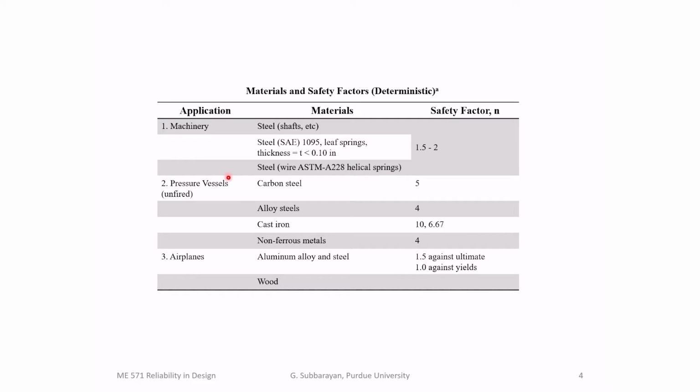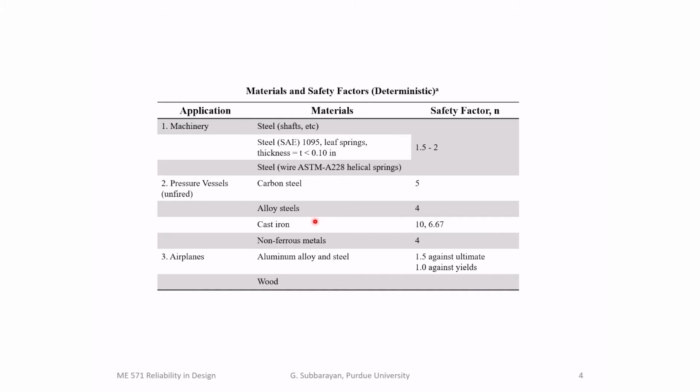If you take pressure vessels, carbon steel, the safety factor is much higher because the risk, if the pressure vessel were to fracture, the risk to human life is significantly higher. So we want to design the pressure vessel much more conservatively with safety factors of 5.